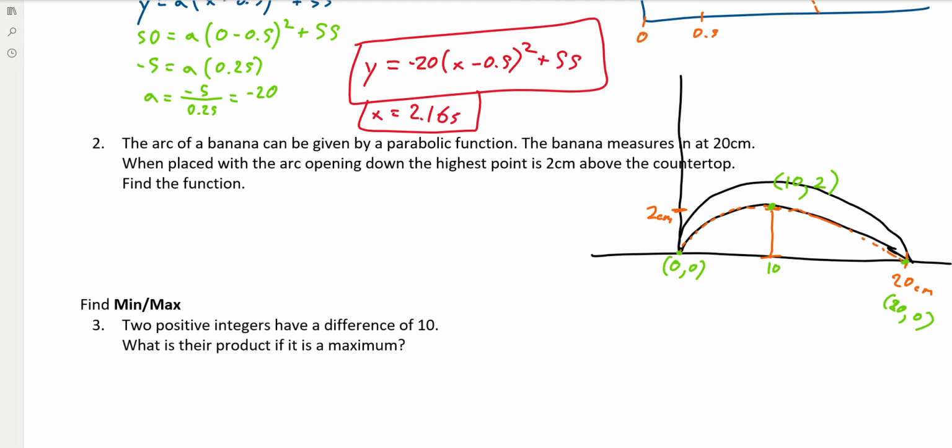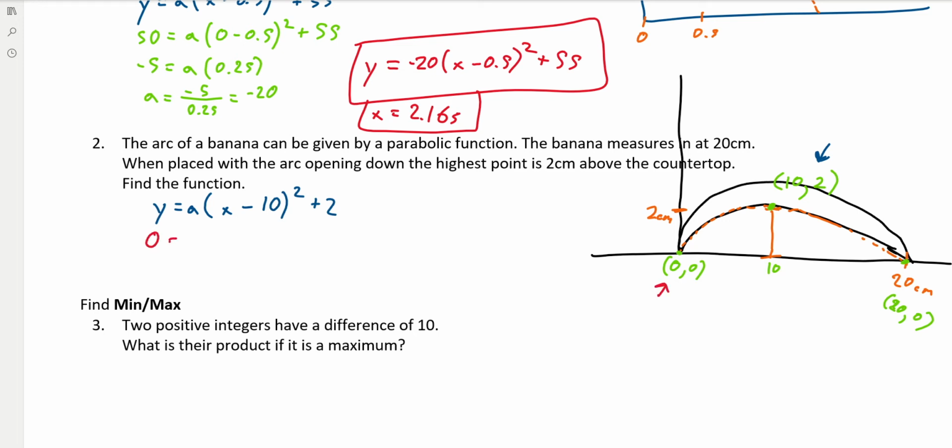Okay, so with all of that in mind, we're going to put in what we know first, which is that x minus 10 squared plus 2. Okay, so we got the 10 and the 2 from our vertex, right? And then we'll go through and we'll try to find a by using one of our points. Let's use the 0, 0 point.